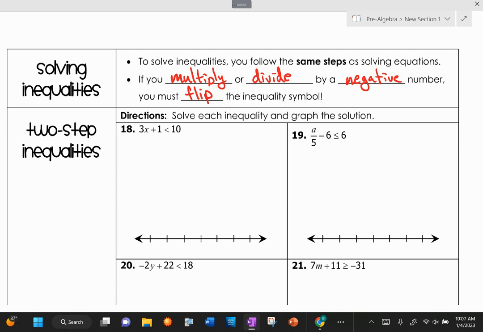So what that means, let me just show you a quick example over on the left under two-step inequalities. Let's say you have negative 2x is greater than 6. Now if we're just solving this, you can almost pretend in your head that that inequality symbol is just an equal sign. So you'd have negative 2x equals 6. How do you solve that? How do you get x by itself?